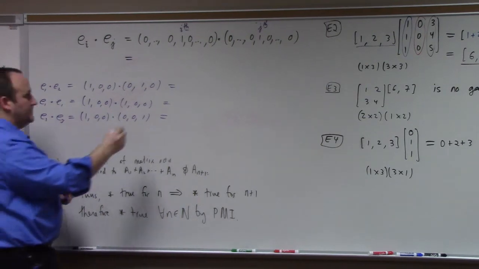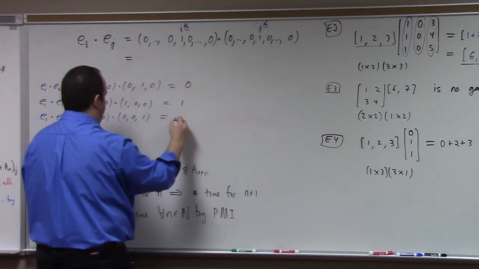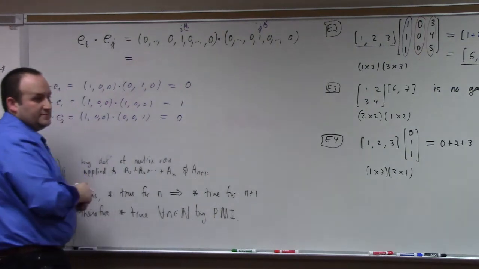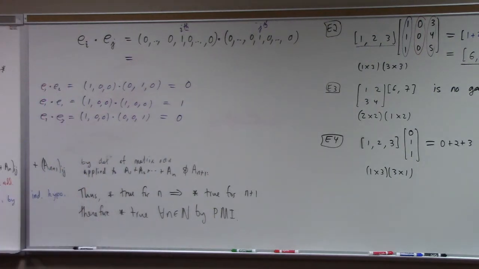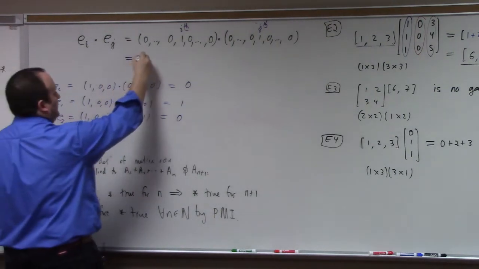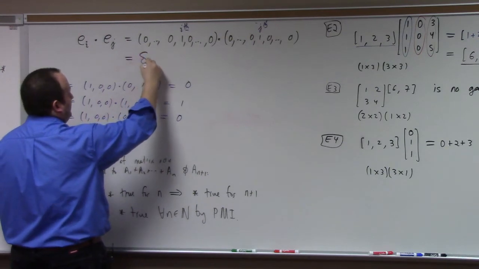First one's 0, third one's 0. So in short, this is Kronecker delta ij.